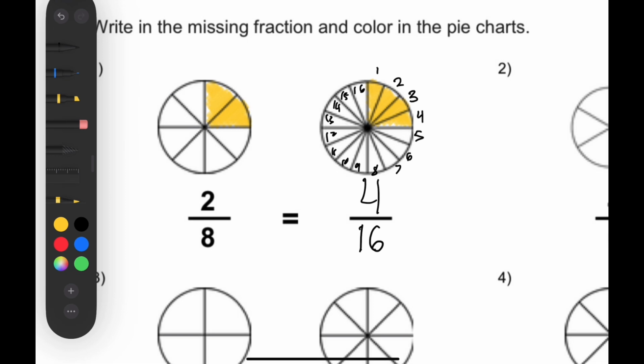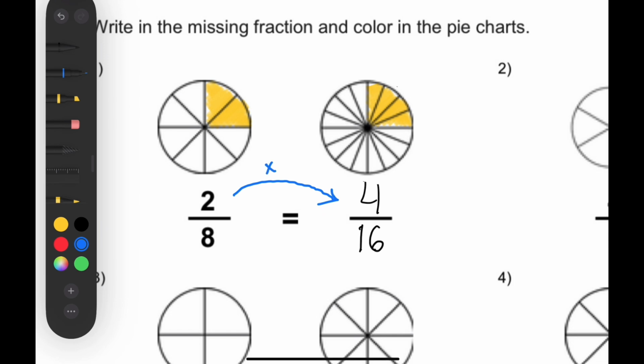So the reason why I wanted you to do that first before we went to the other side is because there's actually a trick. Something that'll make it a lot easier, and all you have to do is know a little bit of multiplication. First, to go from 2 to 4, we know that our number is getting bigger. So we are going to be multiplying.